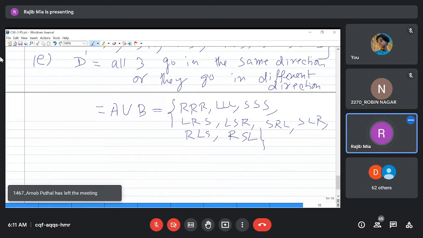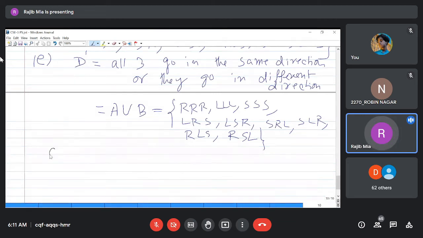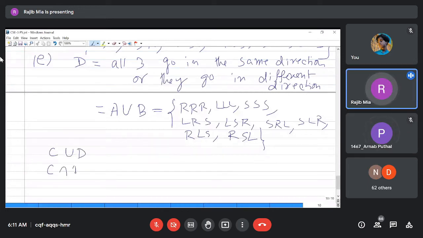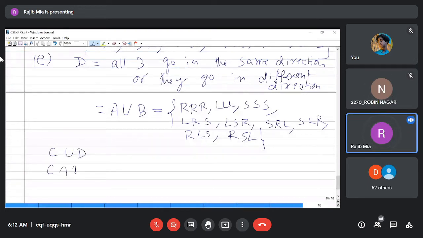So also find C union D and C intersection D. What is C and D? See here. C means exactly two of the three vehicles turn right.